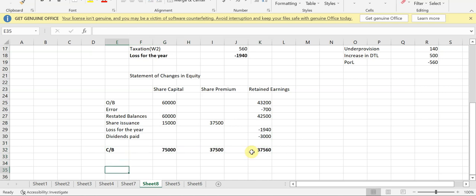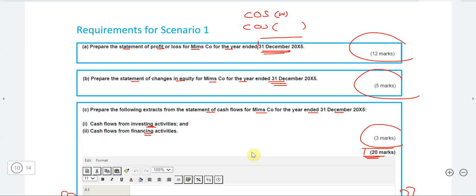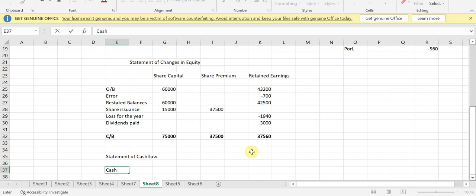Okay, then we have now the last, which is the statement of cash flows. Okay, so first of all we have to make the investing activities, cash flow from investing activity.